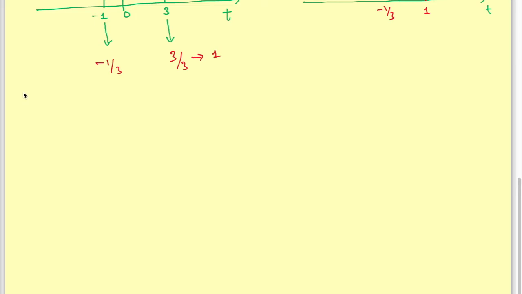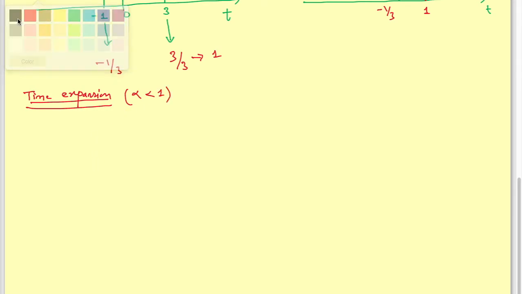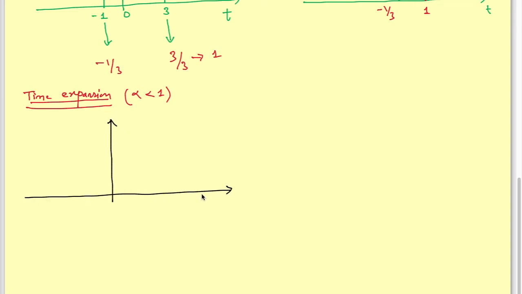Now we will move toward time expansion. In time expansion, alpha is less than 1. This is my signal x of t from minus 1 to 3. This is my time axis, this is my x of t. So we will take y of t is equal to x of t divided by 4.